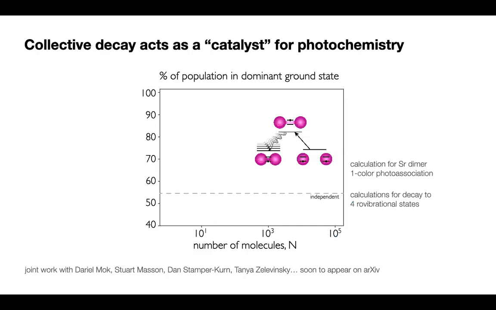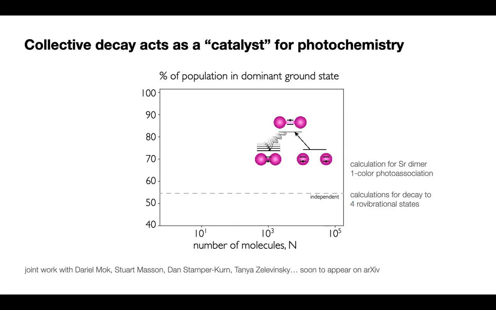So one thing we did is to see if we could use this for something besides having fun by mapping this to a fluid equation. And so the problem we thought about is photochemistry. Photochemistry is a perfect problem for this. Typically you take two cold atoms, you drive them with some laser into a weakly bound molecular state from which they decay spontaneously to a collection of ground states, vibrational ground states.